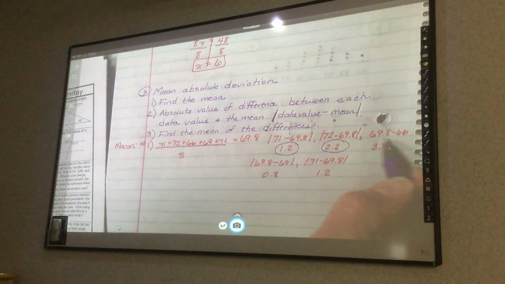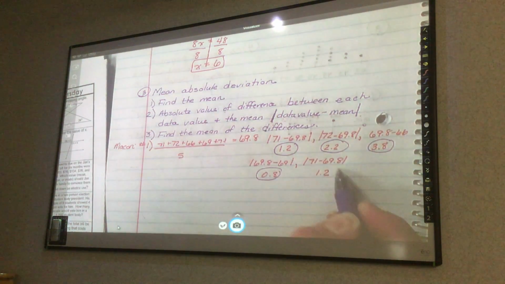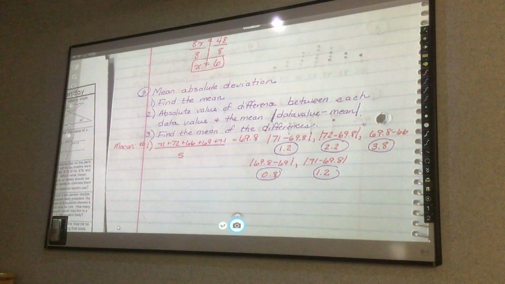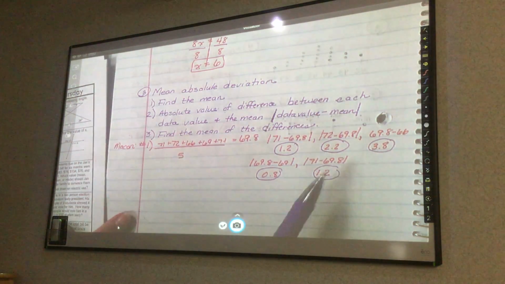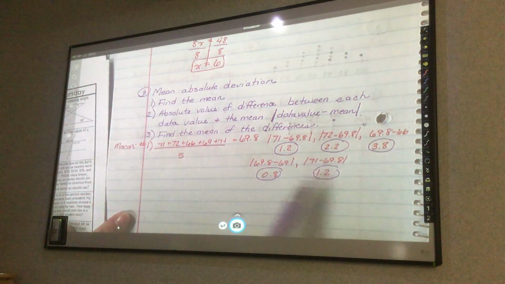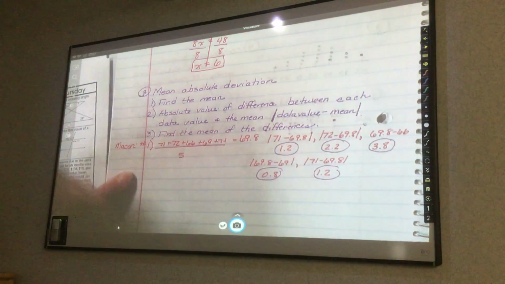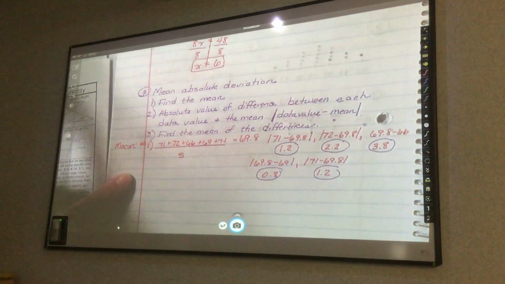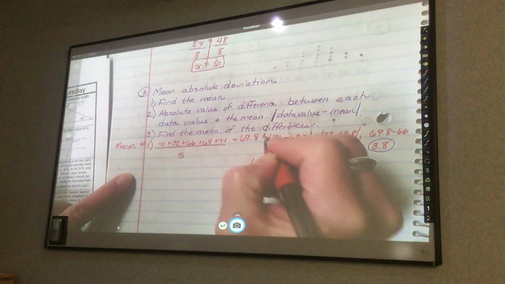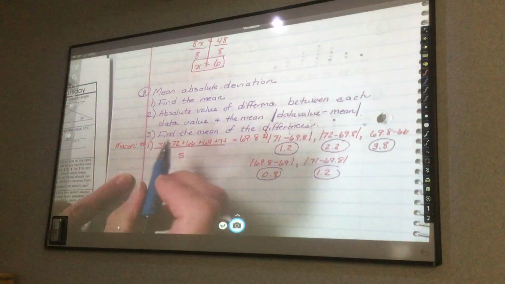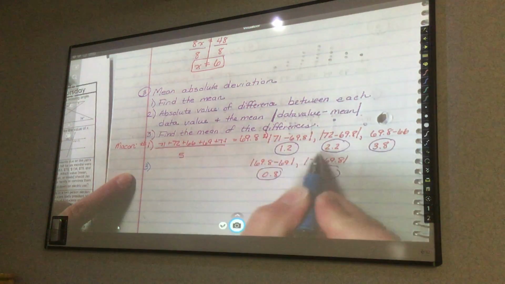Does anybody have questions on how I found my differences? Okay, so now I take these differences and add them up. All of this part here was step 2. Now step 3 is adding my differences.